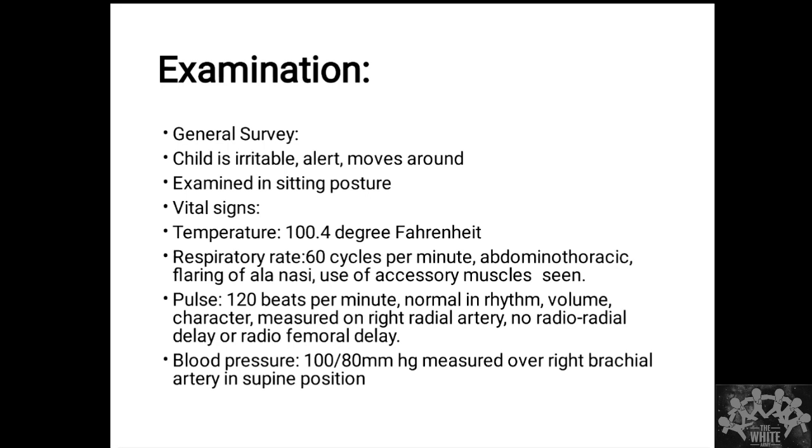Less than 2 months, more than 60 breaths per minute is fast breathing, 2 months to 1 year, more than 50 is fast breathing, and 1 to 5 years, more than 40 cycles per minute is fast breathing. Yeah, very good. So you have mentioned the respiratory rates for his age. He is breathing fast. Yes, that's your interpretation.